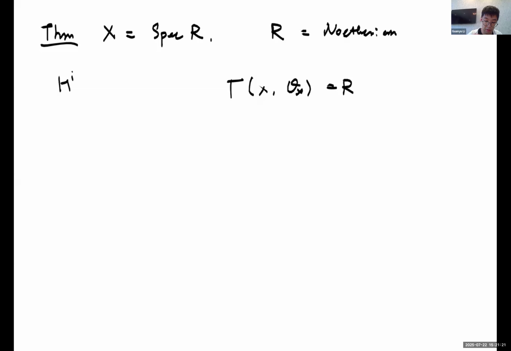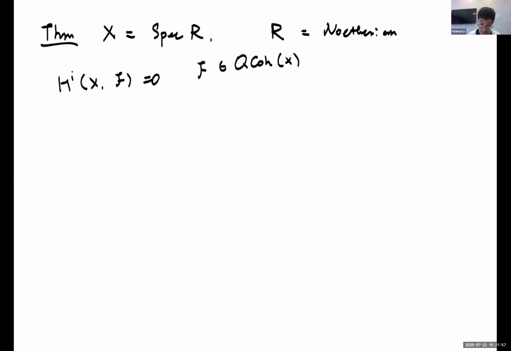So the cohomology of X with coefficient F, where F is quasi-coherent over X, then the higher cohomology H^i is 0 for i bigger than 0.